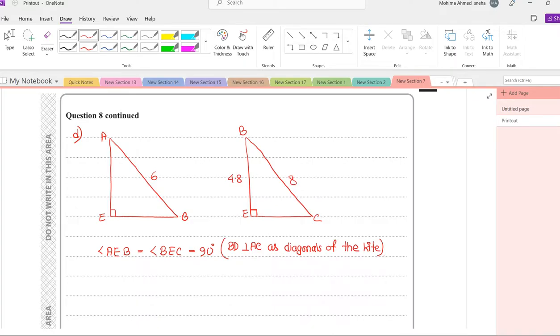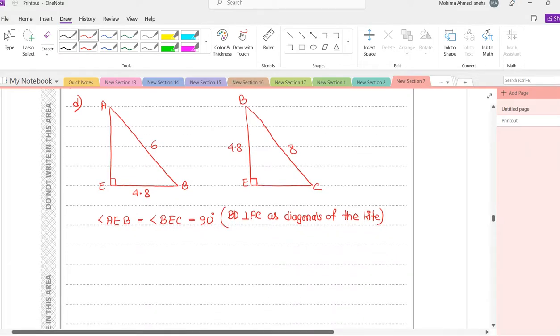We have the value for EB, BE again here, it will be 4.8, and we need to find the value for AE here. So we can easily find the value for AE so that we can compare the length of AE and BE together.